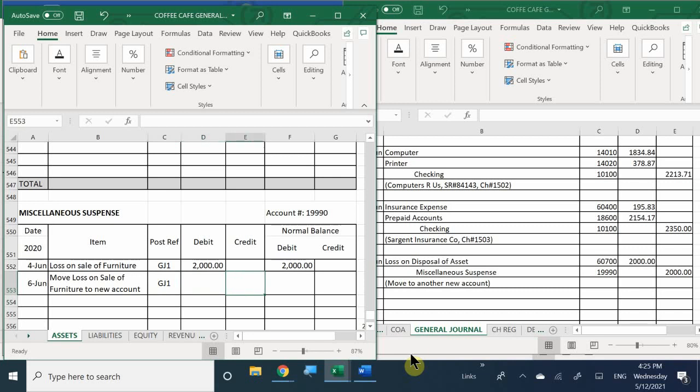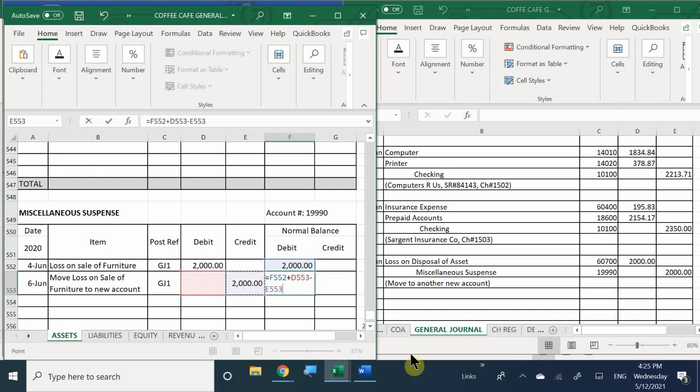And because we decided to credit the account, we're taking it out, we're removing it. So this is where we come up with the idea of a balance. I currently have a $2,000 balance. How do I move or remove that $2,000? By crediting it.